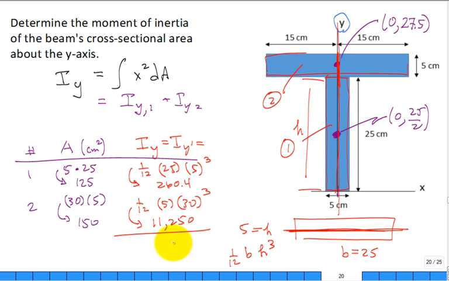And when you sum them, you get I sub y is equal to 11,510 centimeters to the fourth. If you round that to 3 significant digits, you'll drop that and put a 0 there. Right? Okay, thank you very much. So there you go.